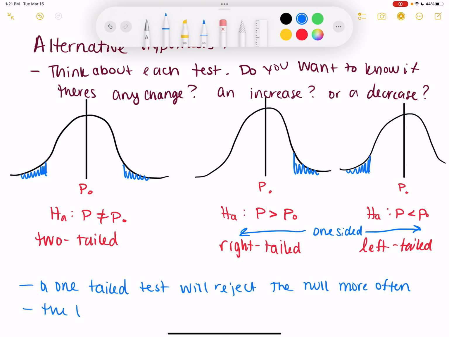The one-tailed p-value is half the two-tailed p-value. Is that the last thing? Right at the top.